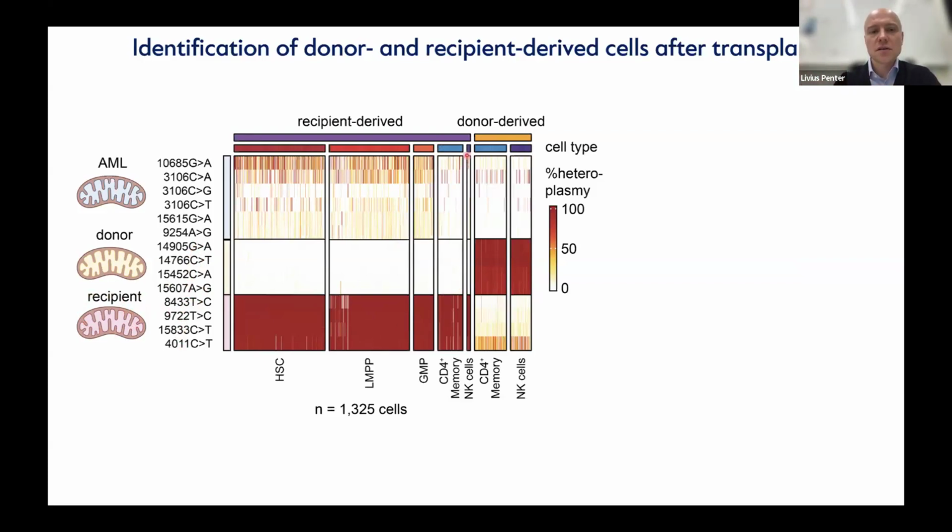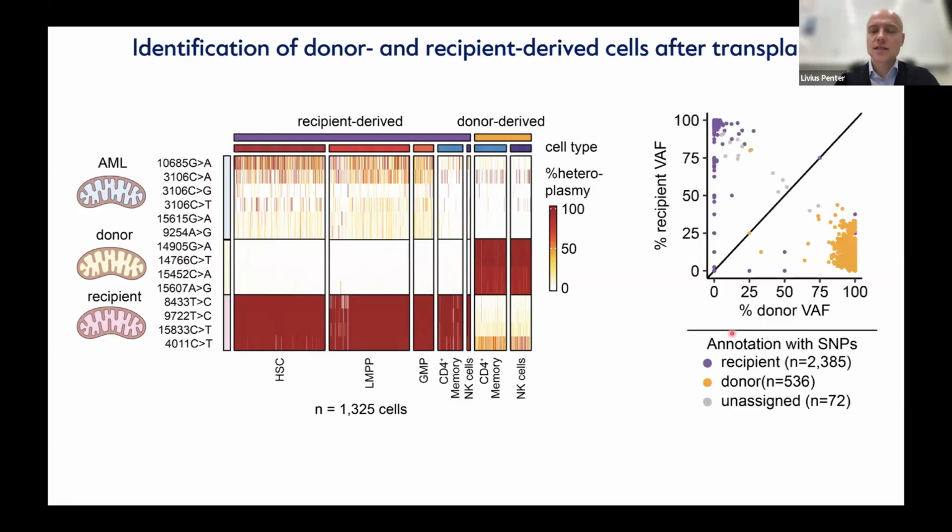And if we now focus on the recipient cells again, we actually see that in the red colors, the leukemic cells have additional mitochondrial DNA mutations that are absent from the immune cells. So this is a very high resolution way of tracking different cell populations after transplant.